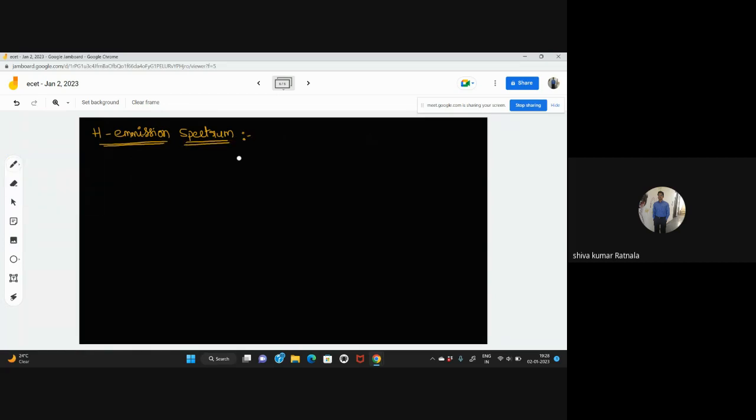Okay, hydrogen emission spectrum. Hydrogen emission spectrum means, if hydrogen gas is observed under spectroscopy, the light which is observed, or the spectrum which we are going to measure, is known as spectroscopy, we can say.